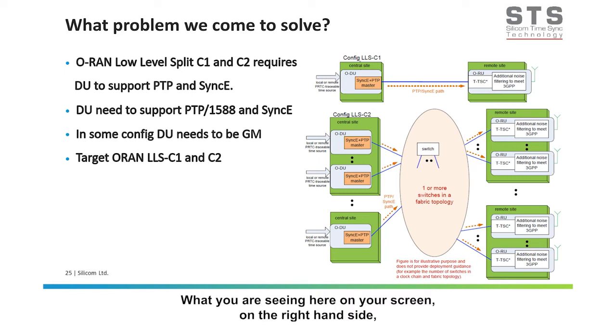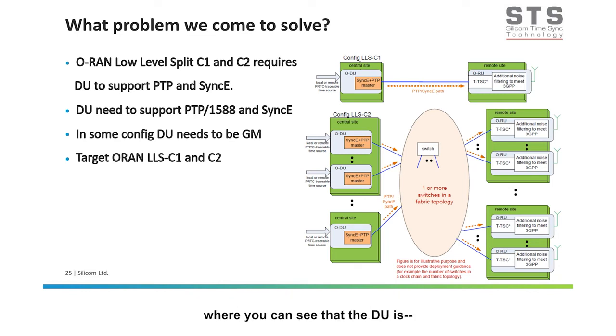What you're seeing here on your screen, on the right-hand side, taken from the Open RAN specification, is C1 and C2 configuration, where you can see that the DU is required to support SyncE and PTP in a grandmaster mode, which actually means the DU is synchronizing the radio.